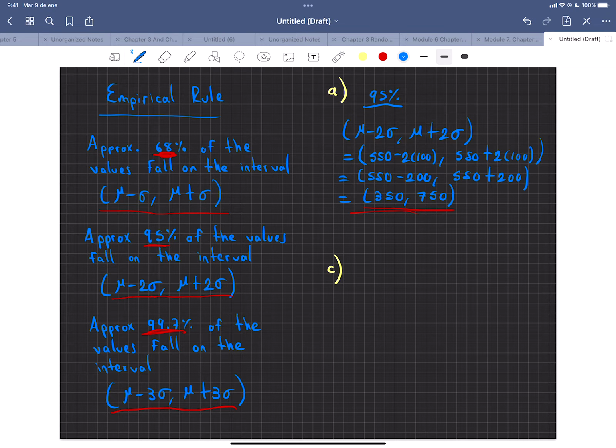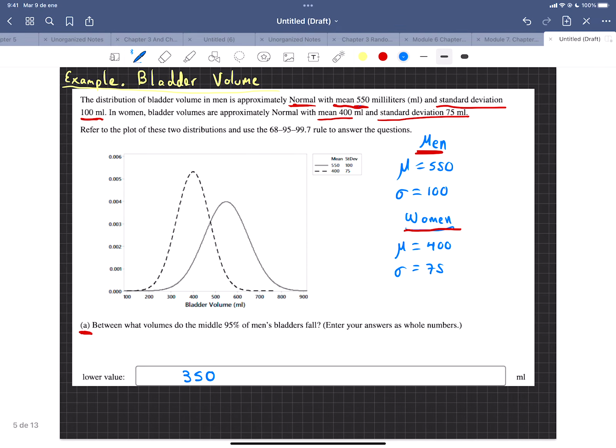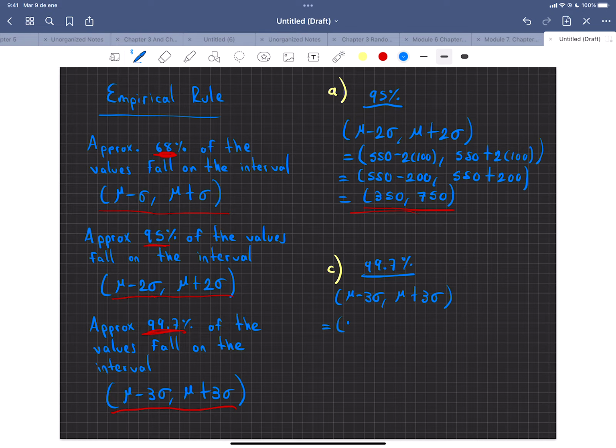So 99.7%, compute mu minus 3 sigma, comma, mu plus 3 sigma. This is equal to 400 minus 3 times 75, comma, 400 plus 3 times 75.